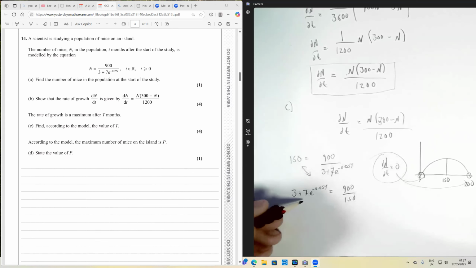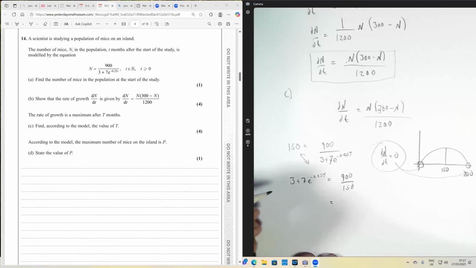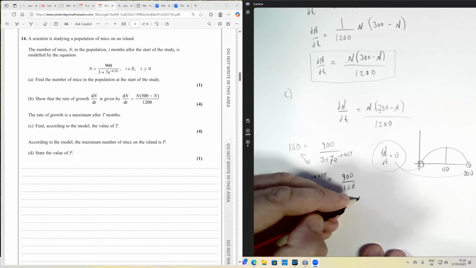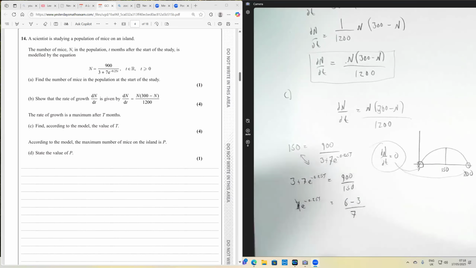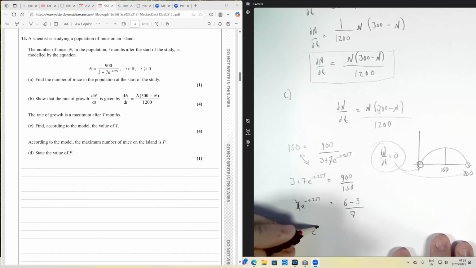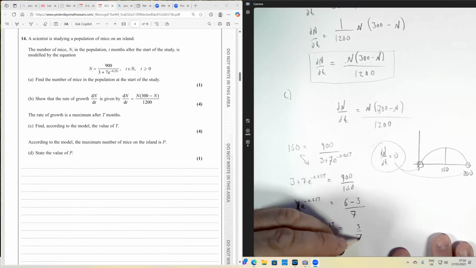Then I'm going to rearrange to make t the subject. So 7e to the minus 0.25t is equal to 6 minus 3, and then divide by 7. So I end up with e to the minus 0.25t is equal to 3 over 7.